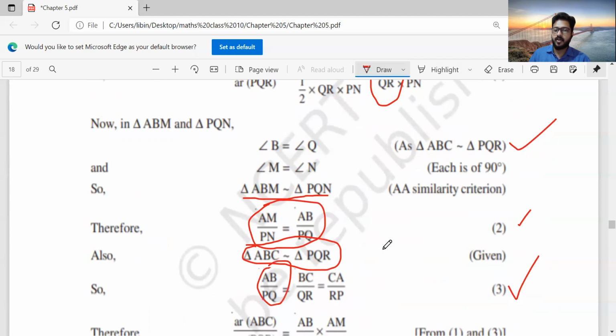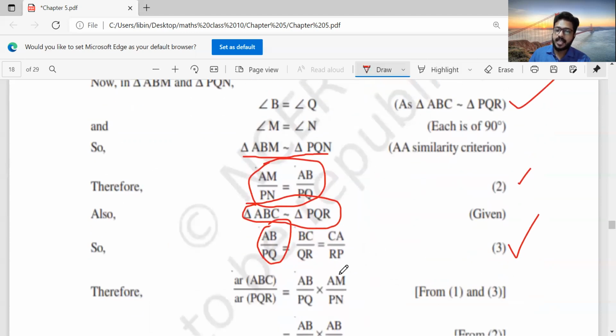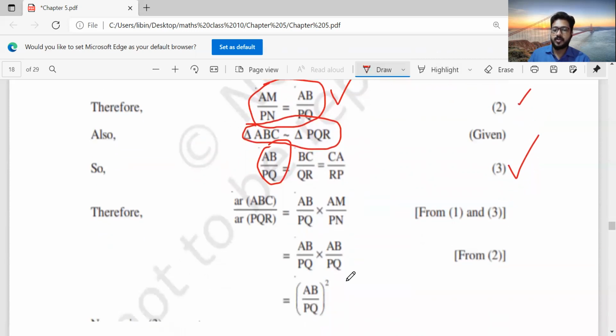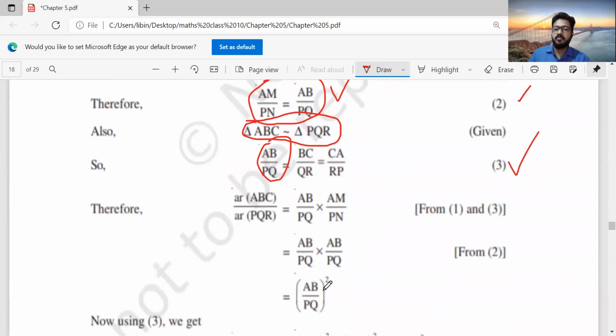by PQ. Okay, but actually what is AM by PN? Look here, by equation 2 itself, we can say that AM by PN is equal to AB by PQ. So AB by PQ into AB by PQ, which gives us AB by PQ whole squared.